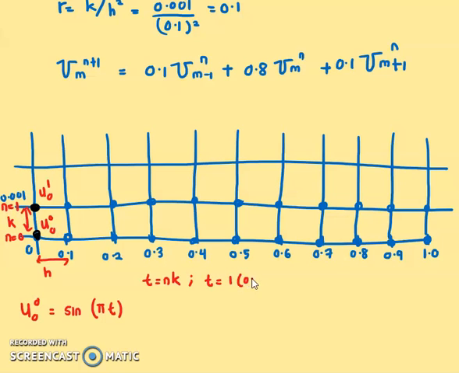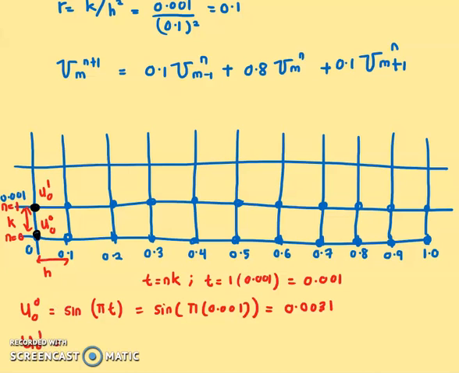So 1 times 0.001, which is my t, is 0.001. So here will be sine pi times 0.001. Make sure this pi is in radians, and you should get 0.0031.